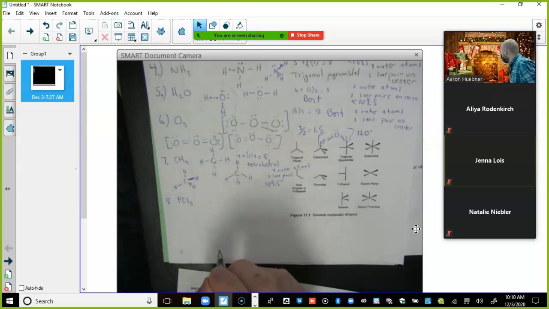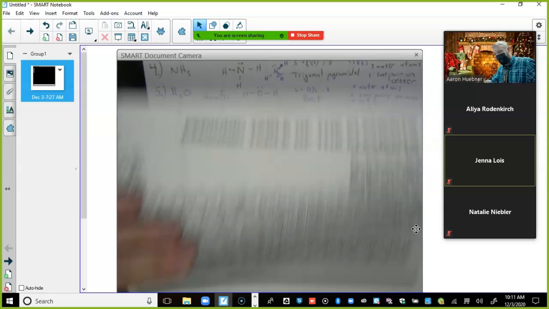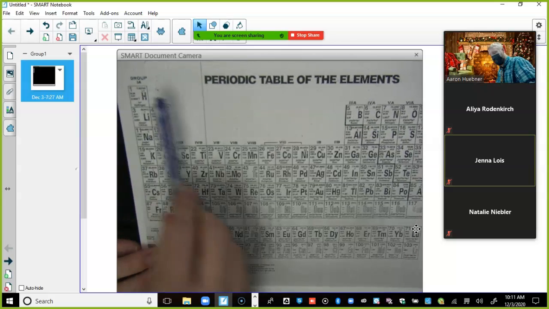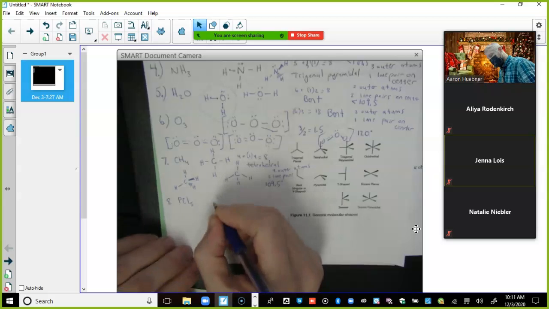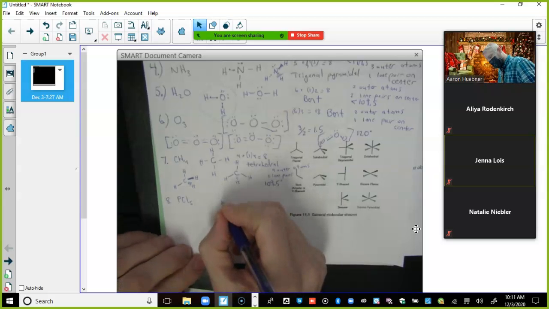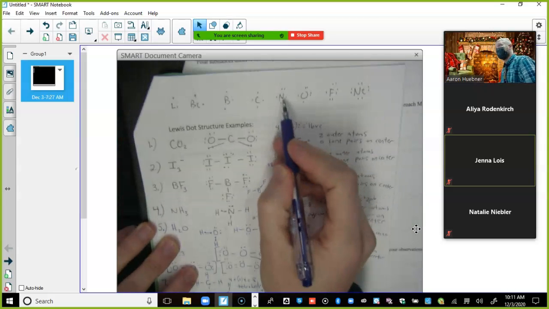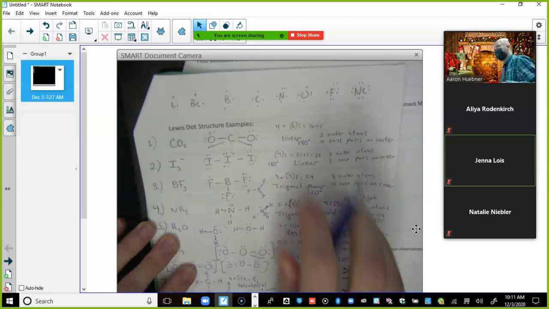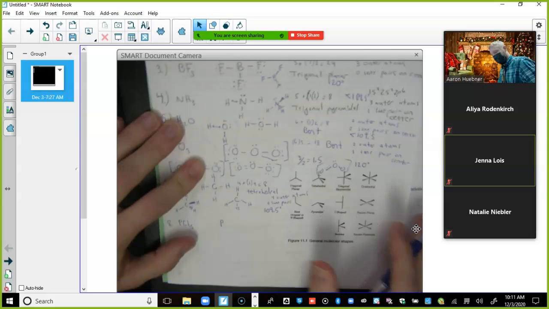Central atom's going to be the one at least 5 typically, or the one with the most bonding sites. P has 3 bonding sites. I know that because P has 1, 2, 3, 4, 5 outer electrons. So remember, this is going to look like nitrogen, where we have 1, 2, 3 bonding sites. So that's why it's the center, where chlorine is going to have just 1 bonding site.